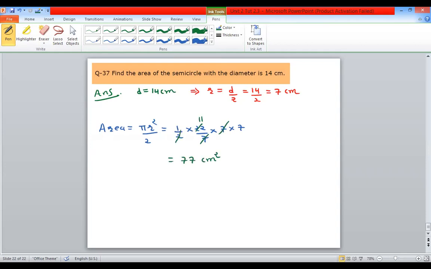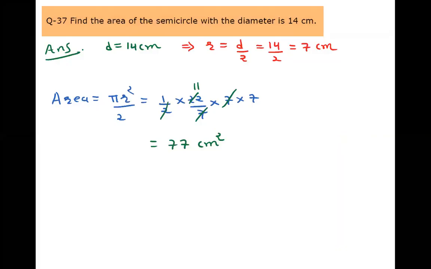So this is the answer. Here we don't need to find the circumference because they are not asking. So they don't ask anything, so don't put anything more in examples. Hope you are clear? Any student have any problem related to such a question? So this is the answer.